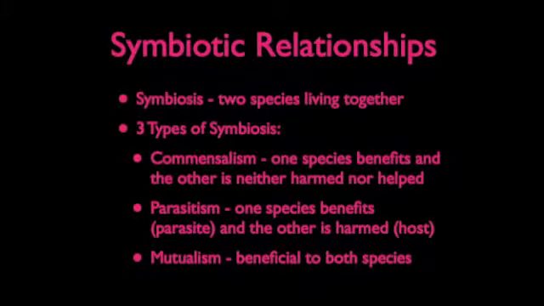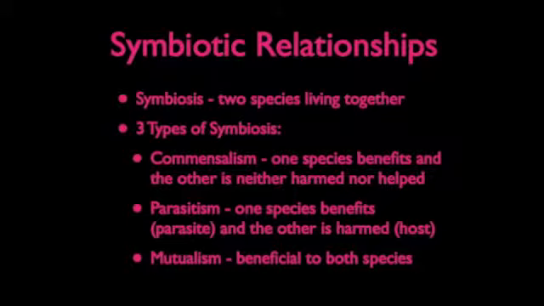The last one, commensalism, that one might be the one that you're unfamiliar with. In this one, one of the species is going to be benefited and the other one is neither harmed nor helped. So one of them's getting something good, the other one just doesn't care. An example of this would be like barnacles on a whale.